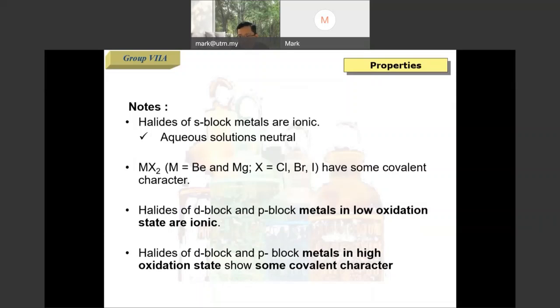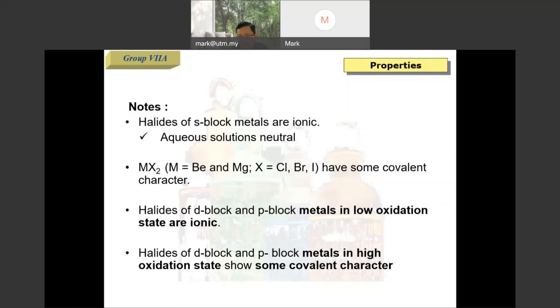As we know, the valence electrons are only 2, and for beryllium the valence electron is in shell number 2 and it can extend. When it's excited, it only occupies 2 of the orbitals, and there are empty orbitals that can receive the electron pair from the halogen to form a dative covalent bond. So it has some covalent character.